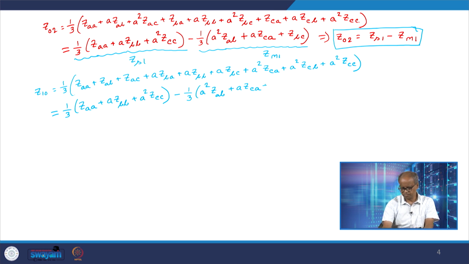So plus ZBC. So this is also, so I can say that Z10 is also ZS1 minus ZN1.